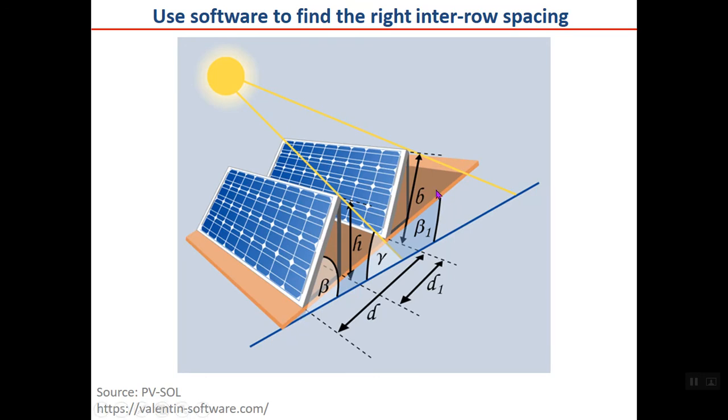In this software, and also in many other software packages, there is an option to calculate the inter-row spacing, and they also enable you to put the panels, for example, on a sloped roof or any other case. So the first method is using commercial software for determining the appropriate inter-row spacing.